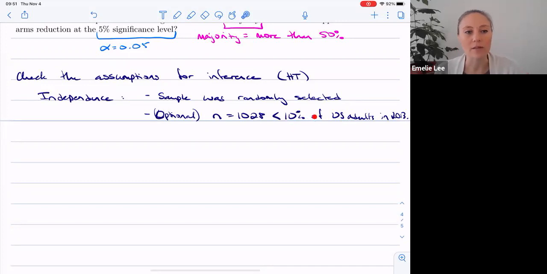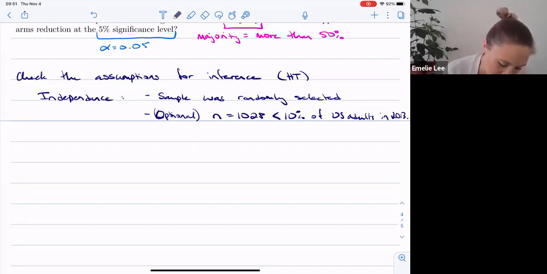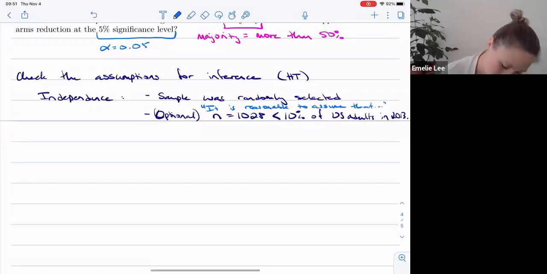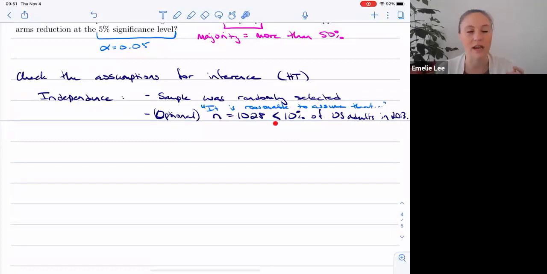And so even if you don't know, we would say something like, it is reasonable to assume that N equal to 1,028 is less than 10% of US adults. Right. But if you want to skip it, it's okay. Nice. So that's the independence part, right? So the sample is randomly selected, so we can assume that they're independent.